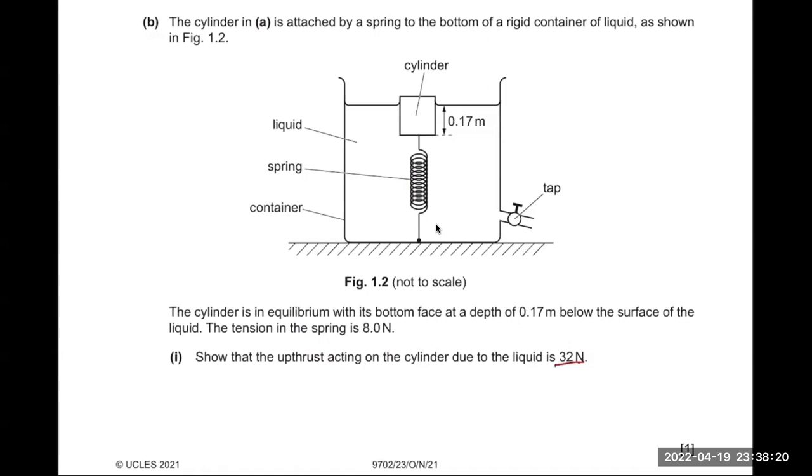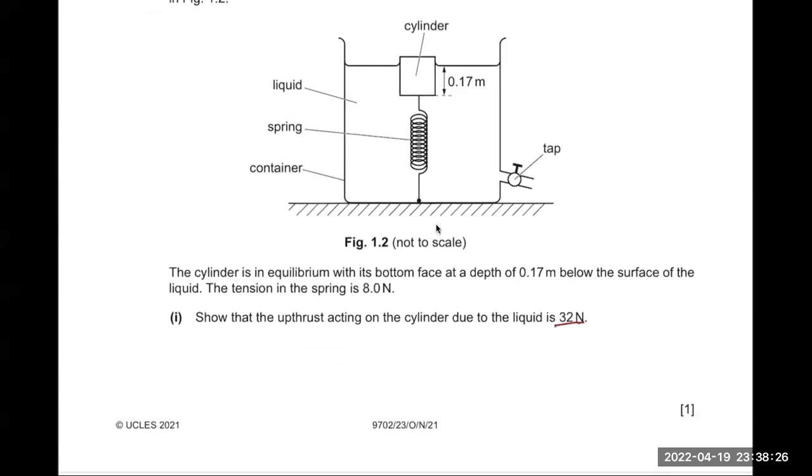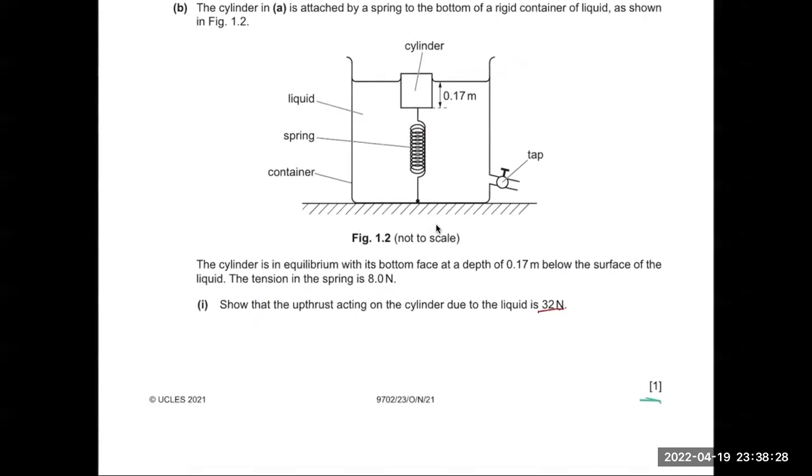Now, how do we solve this? We're given two forces. It's a 1-mark question, so it has to be straightforward. They don't expect a lot of calculations in this case. So what are the forces that are given to us? They've told us that there's a downward force, the weight of this container, and that is equal to 24 newtons.